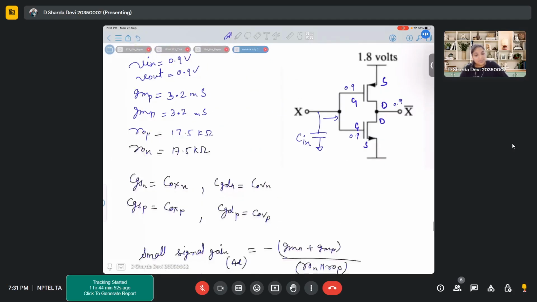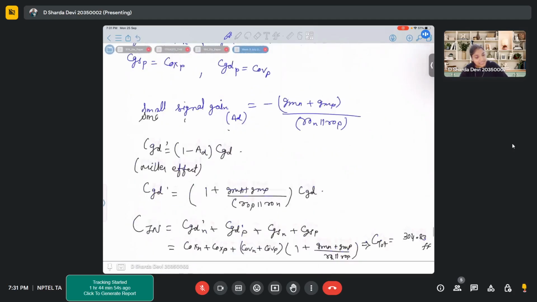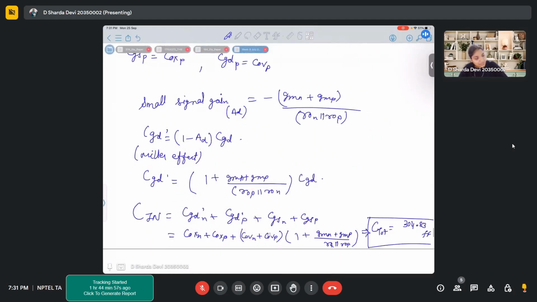We solve this expression, we'll get the capacitance as 304.83 femtofarads.